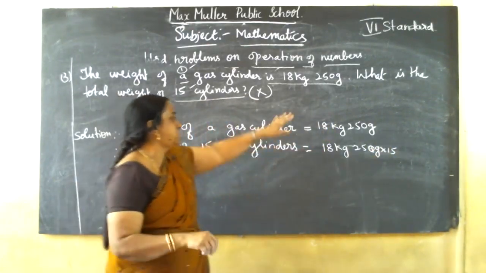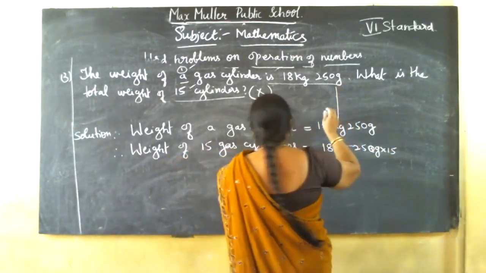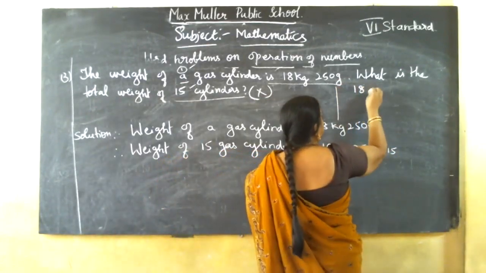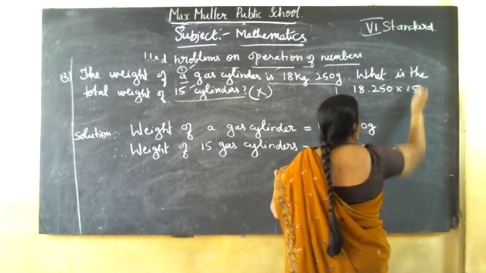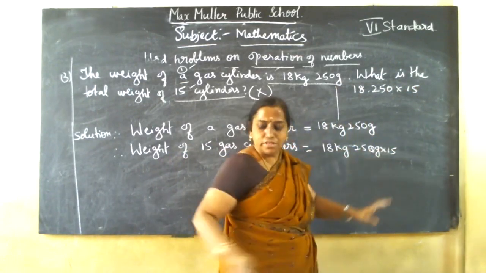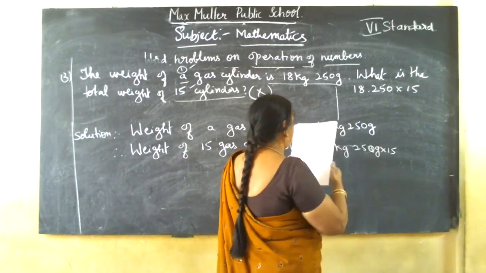I will do it here. 18.250 into 15. Or you can do grams on one side and kg on the other side, however you want, you can multiply.